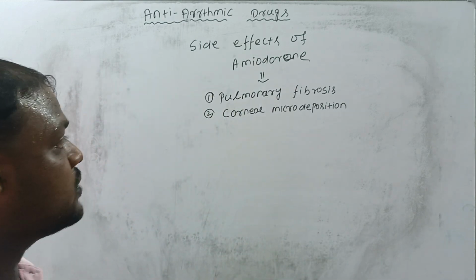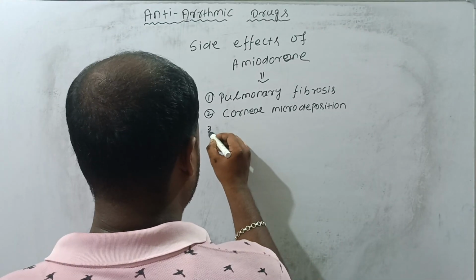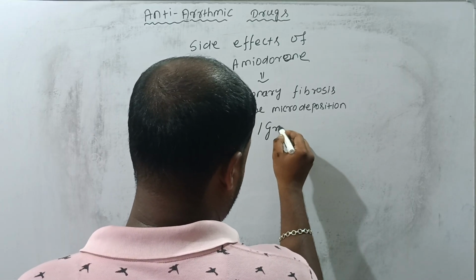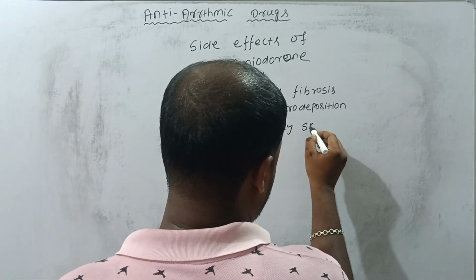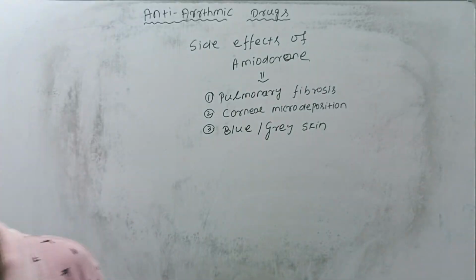Clear? The first one is pulmonary fibrosis, the second one is corneal microdeposition. Then blue or gray skin. Clear? The blue or gray skin.